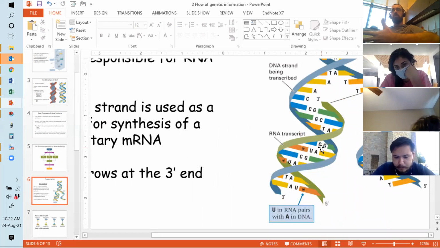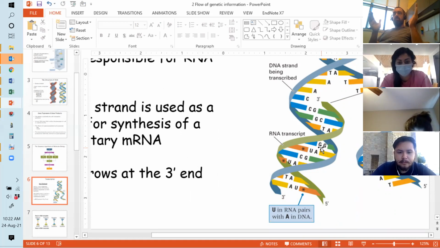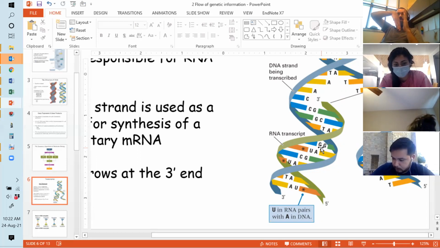One is that to be able to transcribe DNA, you need to separate the two strands. So you use one strand as a template, and you make the RNA complementary to that template. I have to put my hands like so. Still anti-parallel.